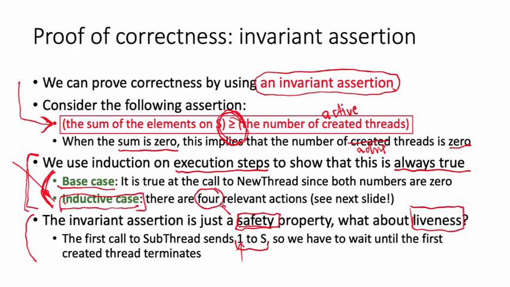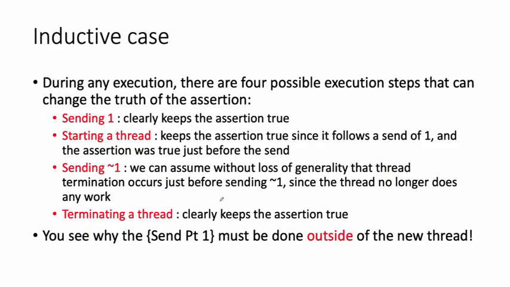There are 4 possible actions that can change the truth of the invariant. So these are the 4 actions. There's only 4 things that can change the truth. Well, sending a +1, clearly. Starting a thread, because we're talking about the number of active threads, sending a -1, and terminating a thread.